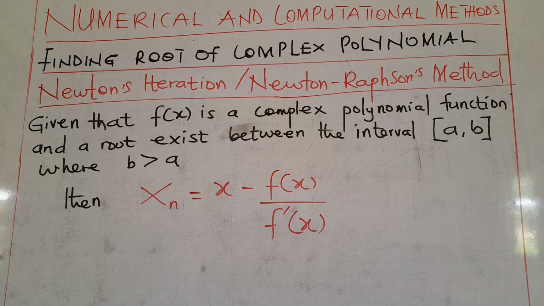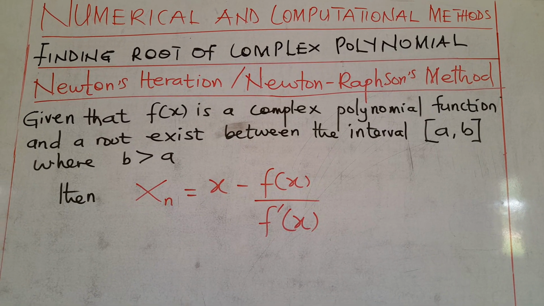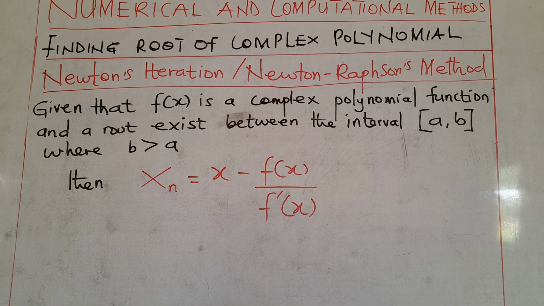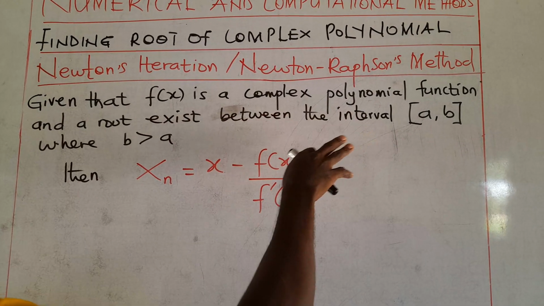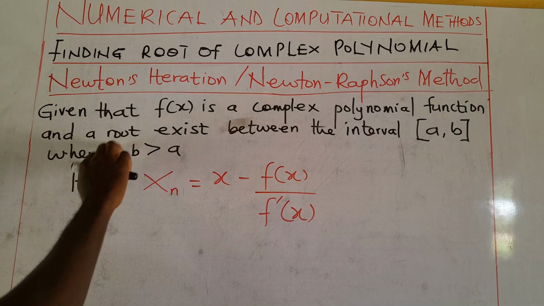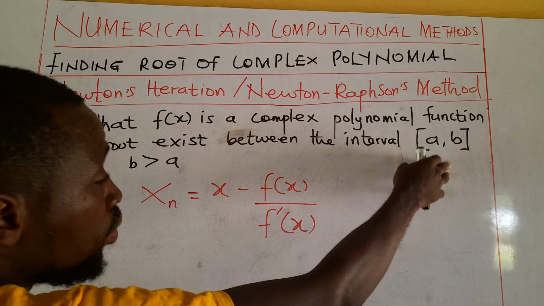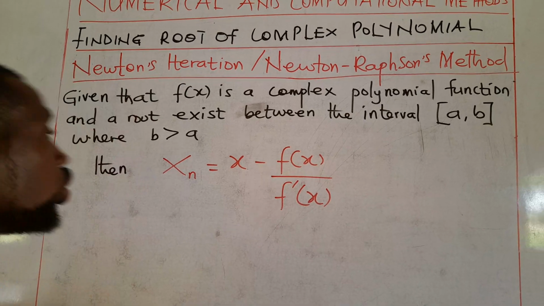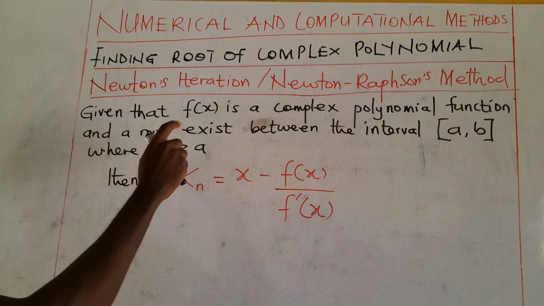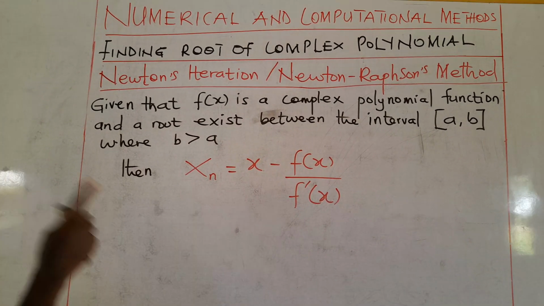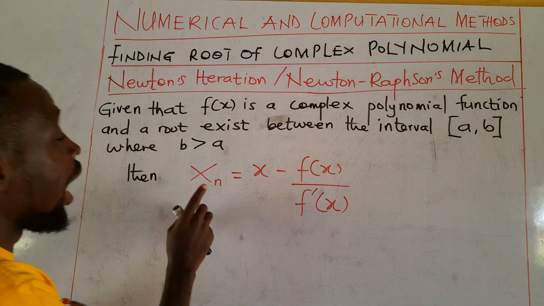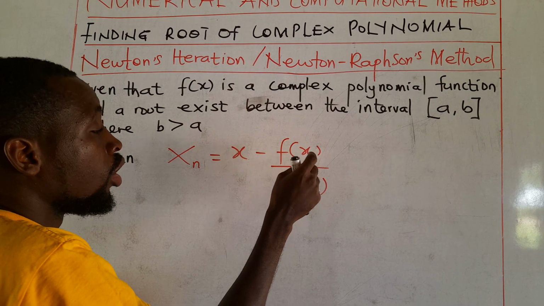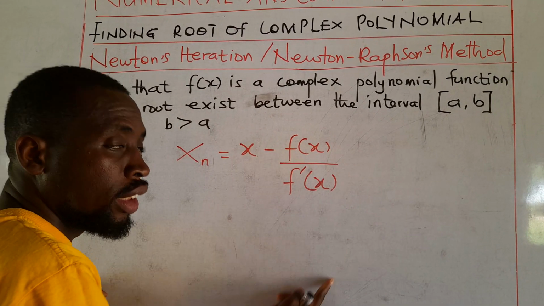The Newton-Raphson method simply says that if we have a complex polynomial function and a root exists in the interval [a, b], where b is greater than a, remember, we get those intervals using the location theory, then that root can be found as xn equals x minus f of x over f prime of x.